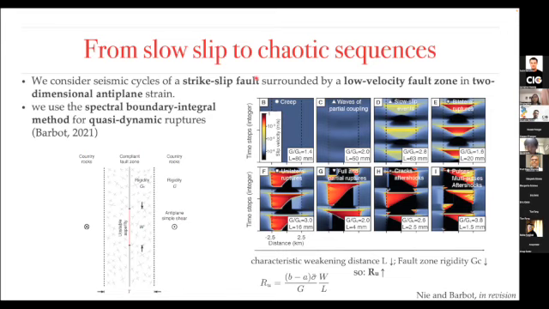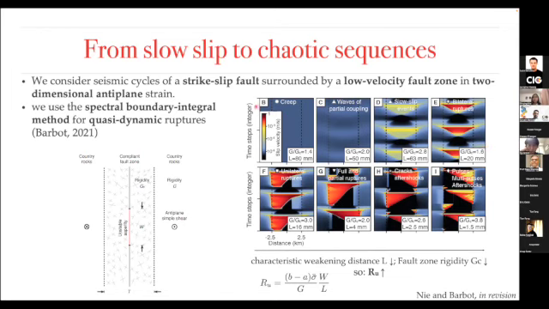I'm going to use this kind of color bar throughout this presentation. The bluish color represents velocity around the loading rate, the yellowish color means aseismic ruptures, slow slip events, and the reddish ruptures are the earthquakes.